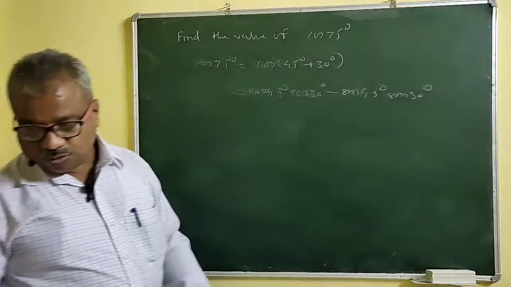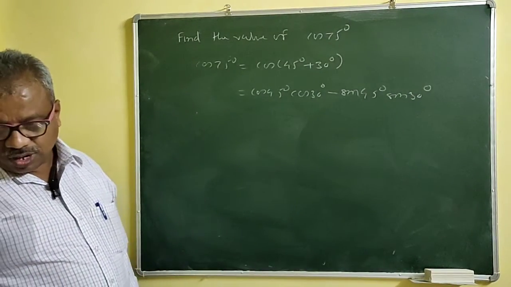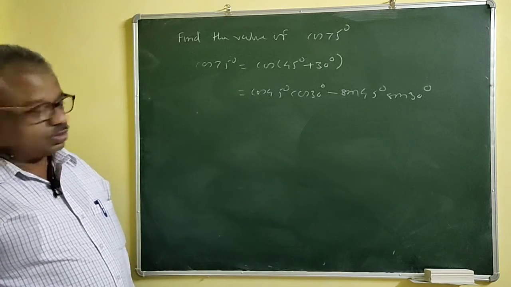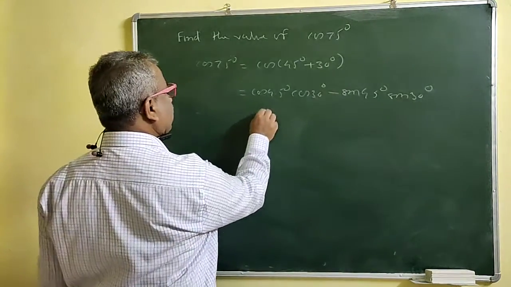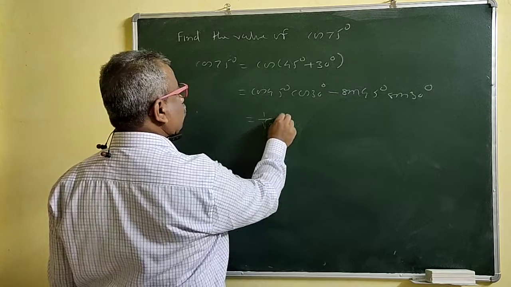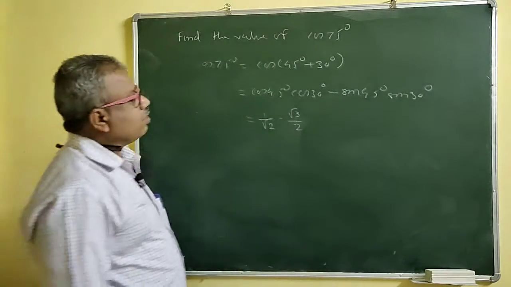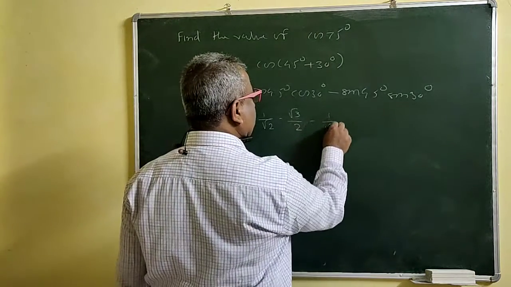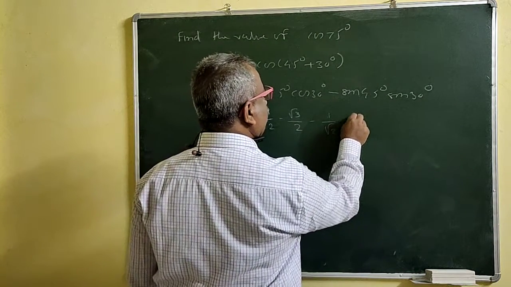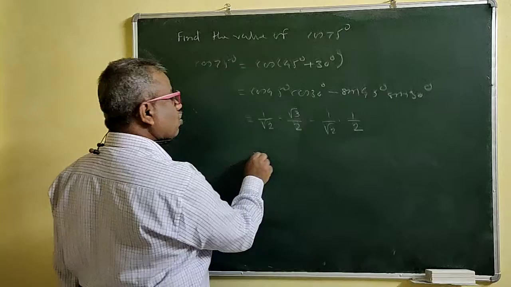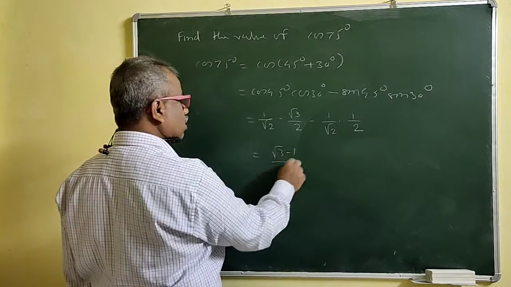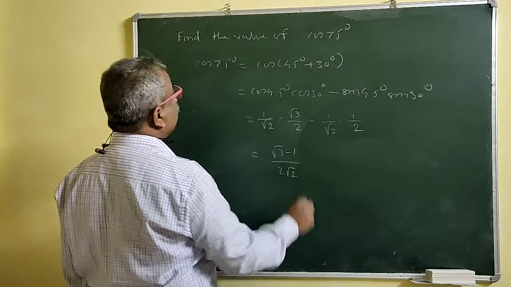Cos 45 degree is 1 by root 2 into cos 30 degree, root 3 by 2, minus 1 by root 2 into 1 half. So this is again root 3 minus 1 by 2 root 2.